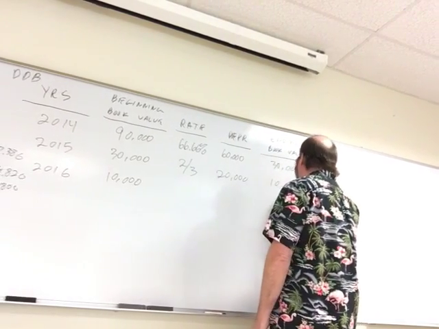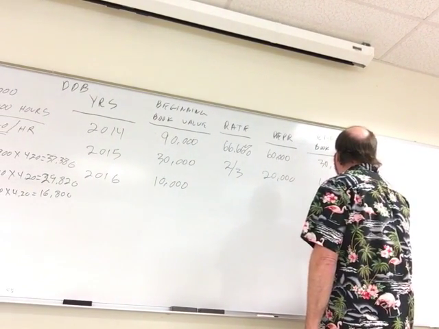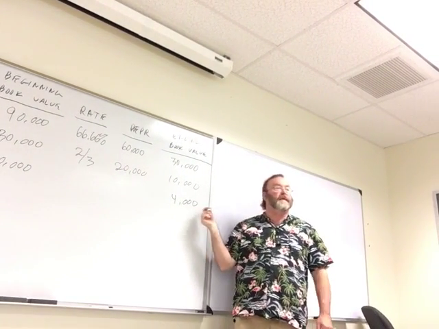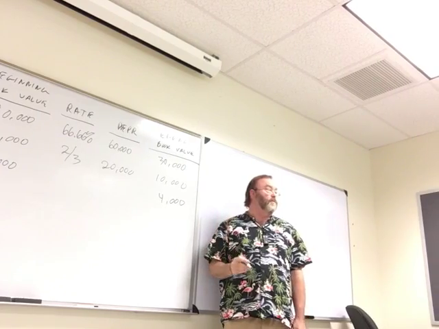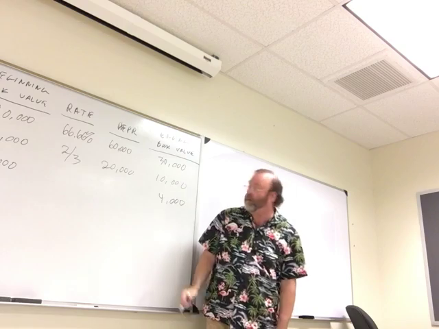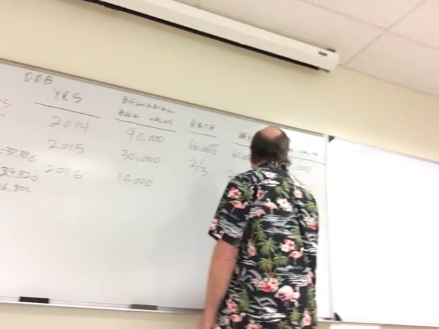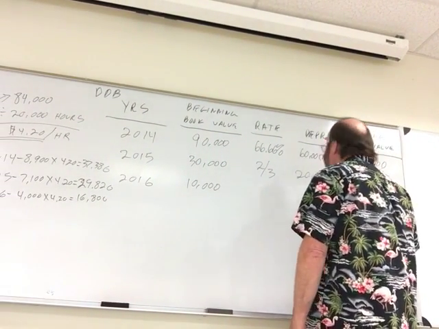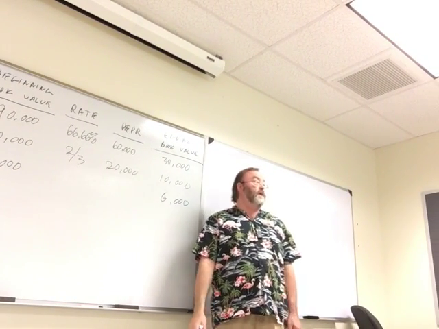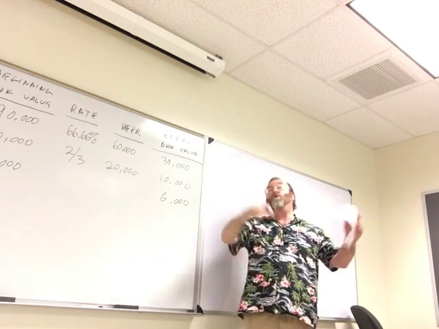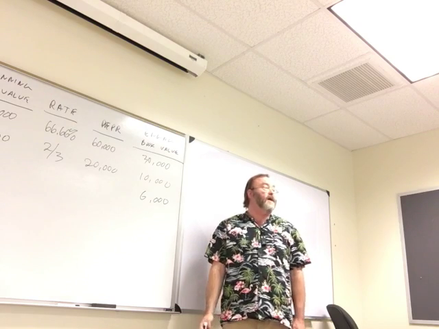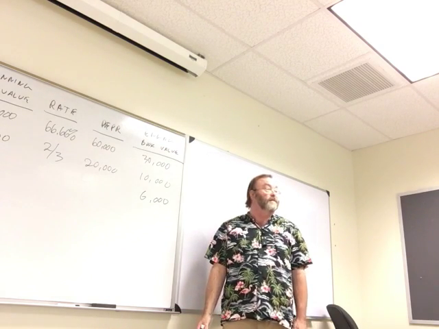We have a problem. The ending book value has to be equal to the residual value. We're going to be able to scrap this machine for $6,000. If we take 2/3 of the book value at the beginning of 2016, we will over depreciate this machine by $2,666.66.